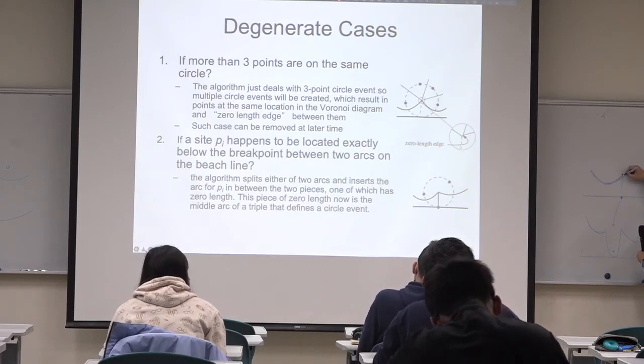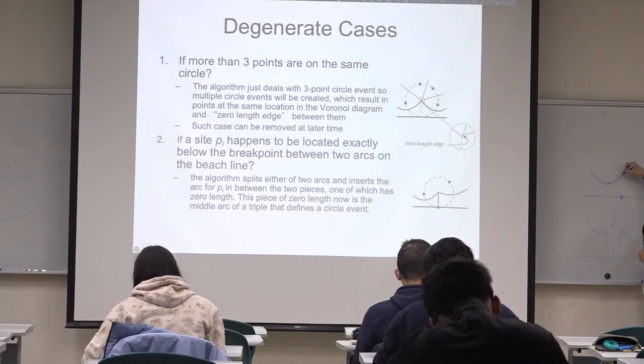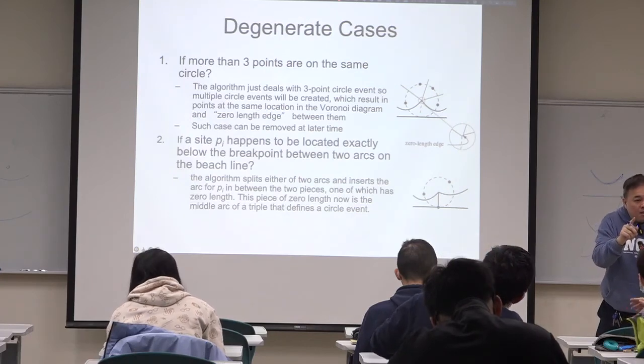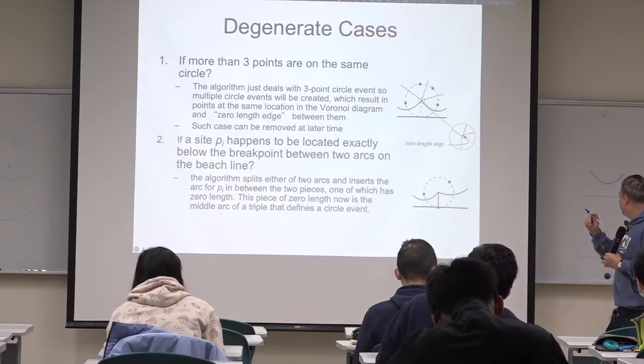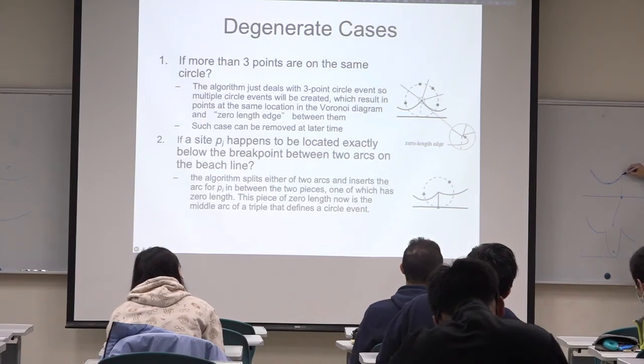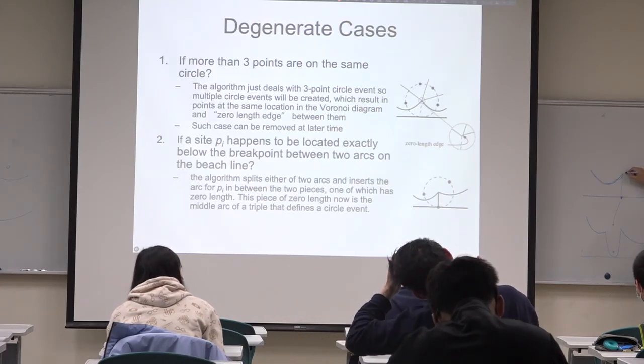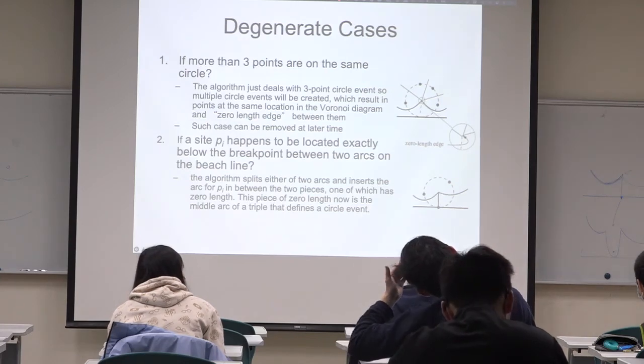So that 0 length arc, along with this new arc and this left arc, will create a circle event. I'm sorry, it's this one and this 0 length arc and this right arc. It's going to create a circle event, which happens to remove this 0 length arc. So the whole thing will be correct.